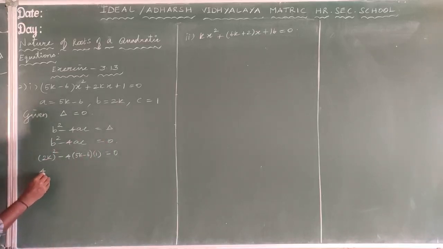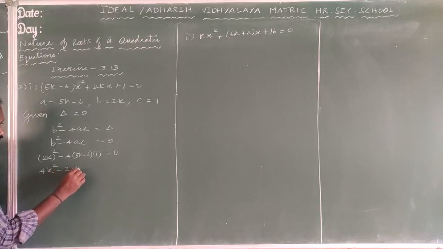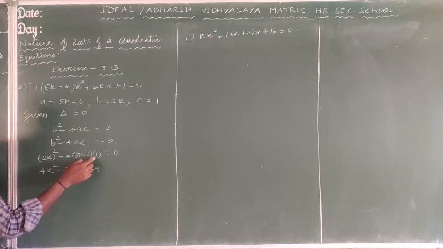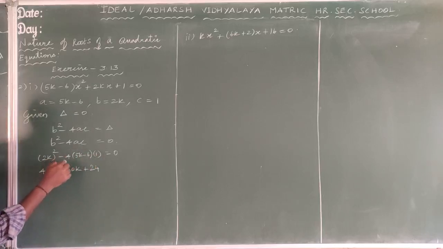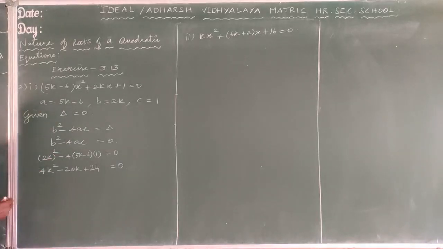Then 2k the whole square is equal to 4k square minus 4 5s are 20 into k, 20k, minus into minus plus 4 sixes are 24. That is equal to 0.